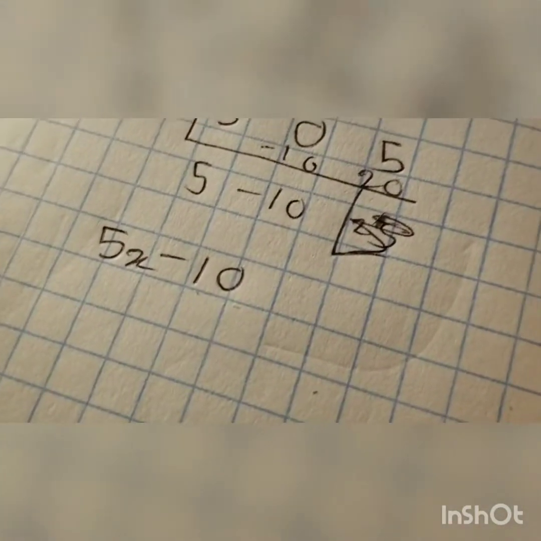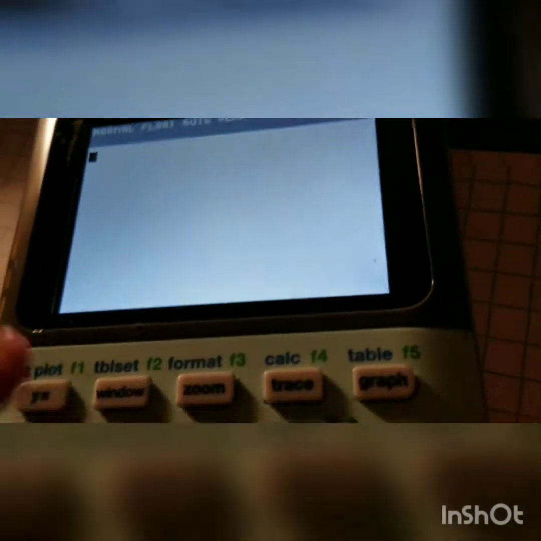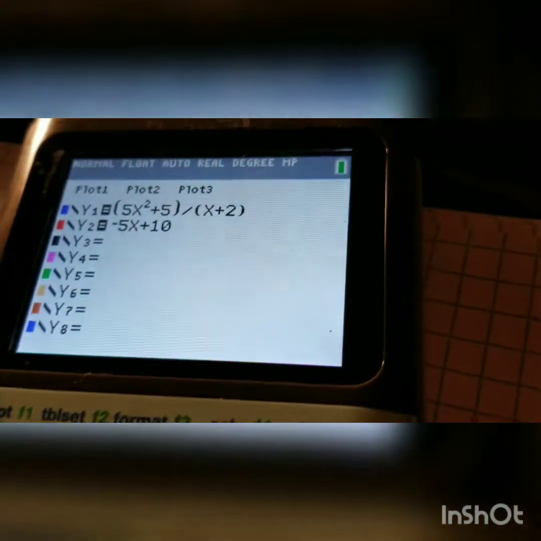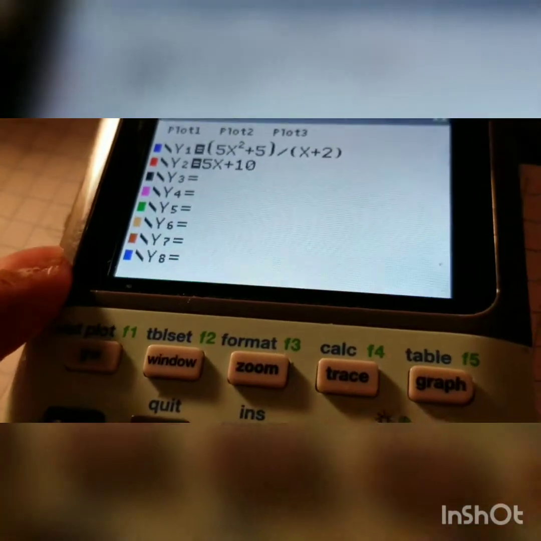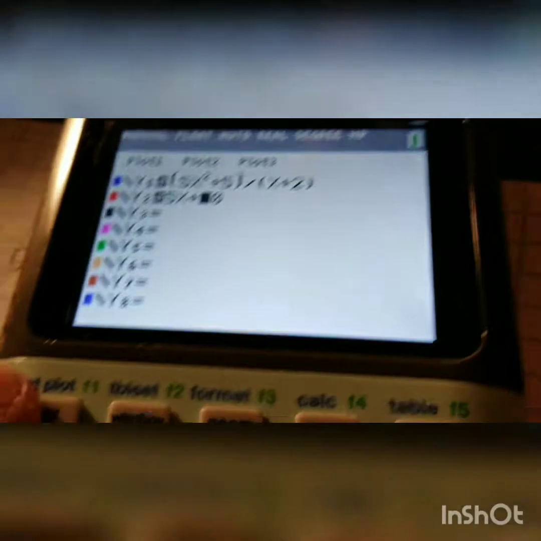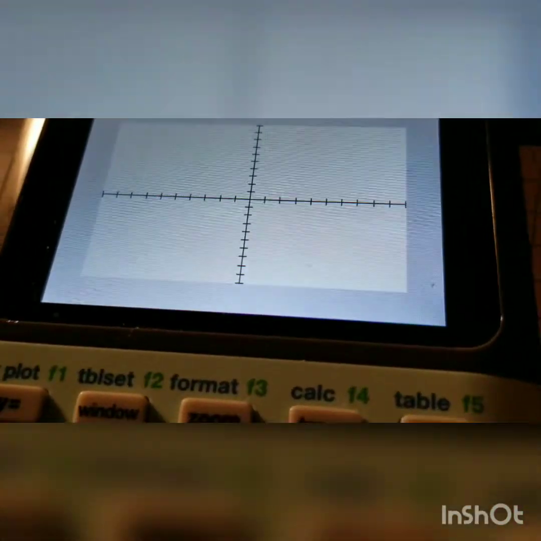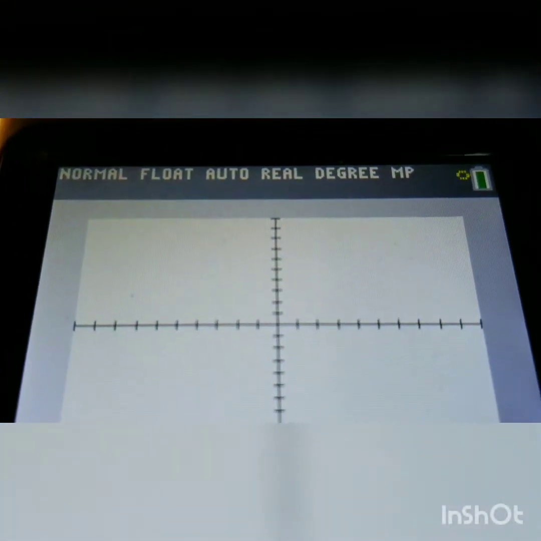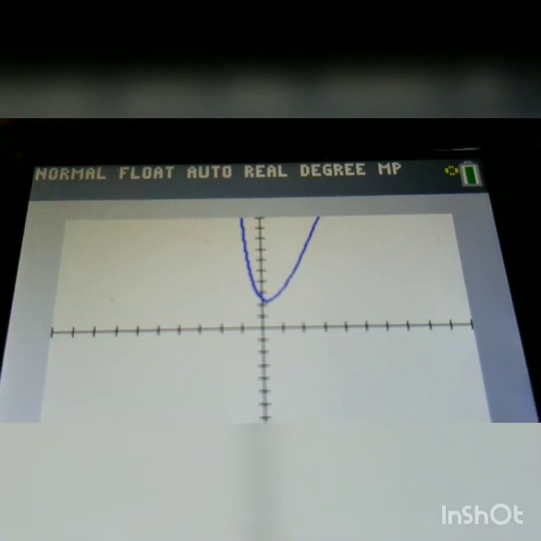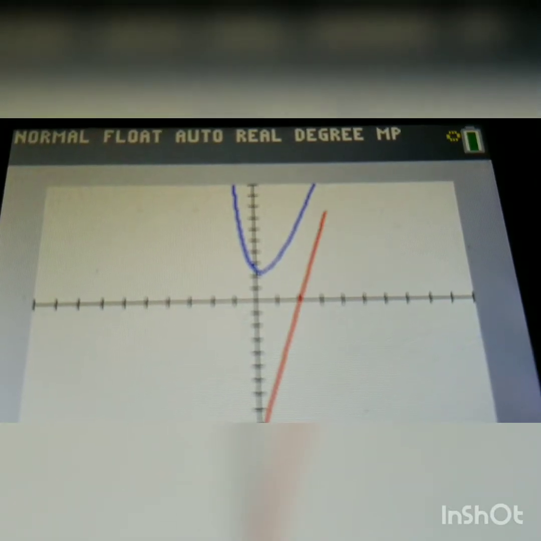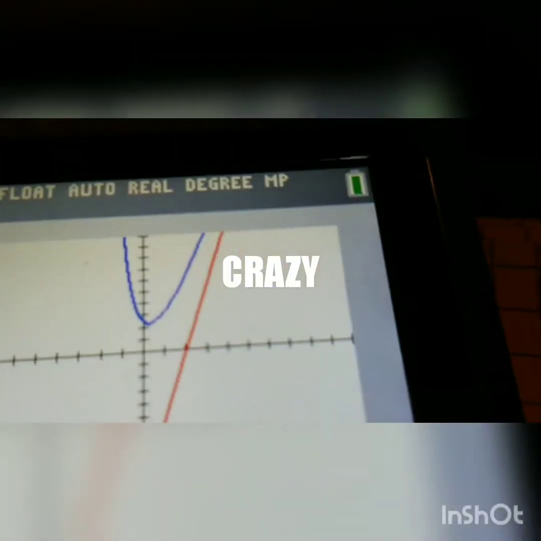Let's finally put that into our calculator and see what we get. It's not this. Delete. That's wrong, that's gonna go the opposite way. Let's see. That's crazy, it doesn't touch.